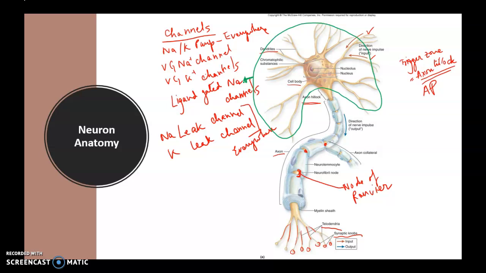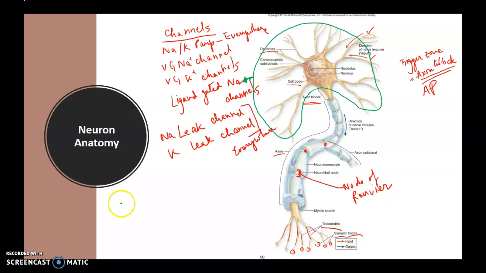Remember, we have sodium-potassium pump and the leak channels everywhere. And then looking at the axon terminals, we will have voltage-gated sodium channels, voltage-gated potassium channels, and also voltage-gated calcium channels. Those are present in the axon terminal.